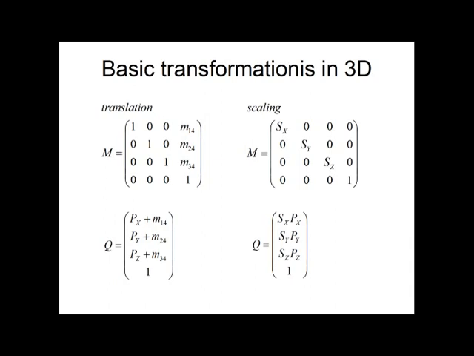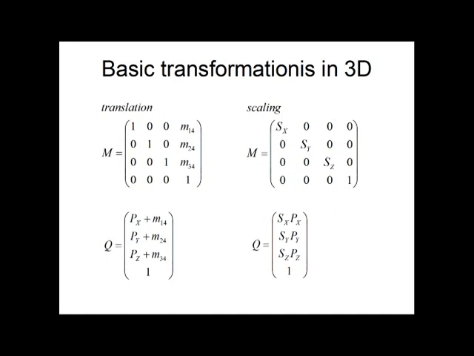Translation is still a unit matrix, except the last column is a point that we're translating by. And if we go back to the idea behind this representing a coordinate frame, then we can see that a translation matrix simply describes a coordinate frame that has axes which are the same length and orientation as the axes of the global coordinate system.